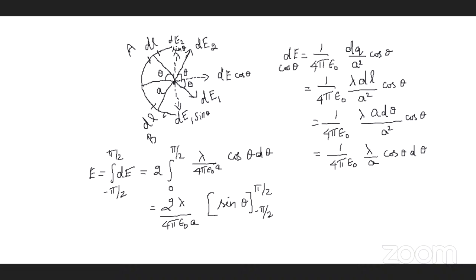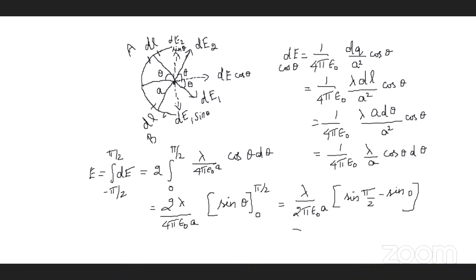Sorry, the lower limit is not minus pi by 2, it will be 0. So the upper limit is pi by 2 and the lower limit is 0. So 2 lambda by 4 pi epsilon naught a becomes lambda by 2 pi epsilon naught a, times sin pi by 2 minus sin 0.